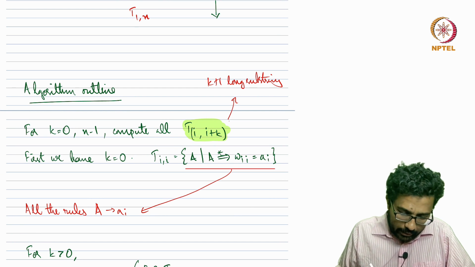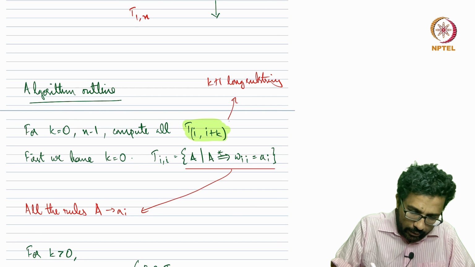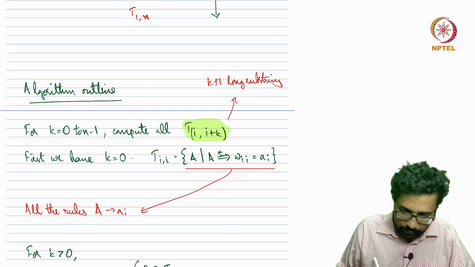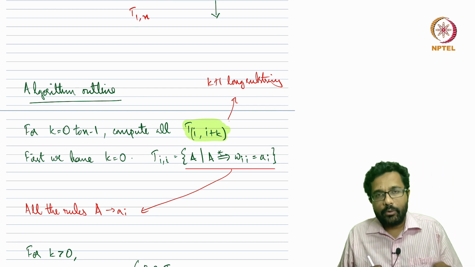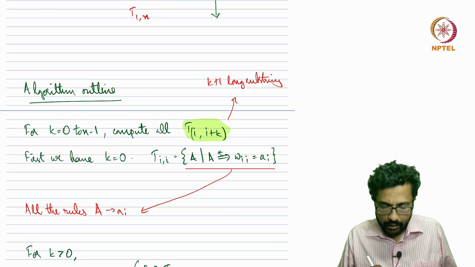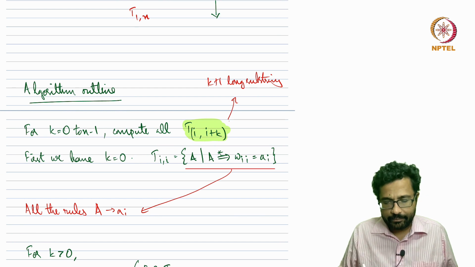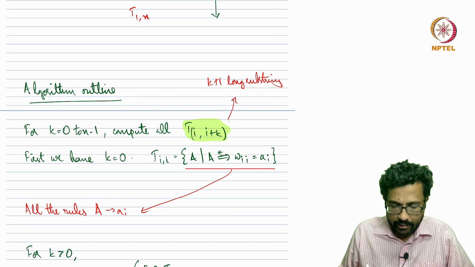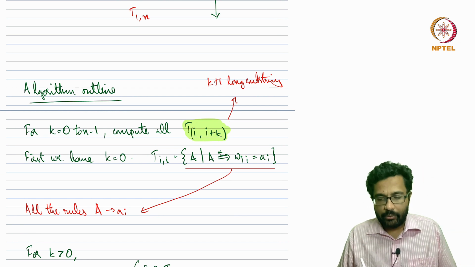We compute this for k equal to 0 to n minus 1. First, we take the k equal to 0 case, which means the substring is of length 1.